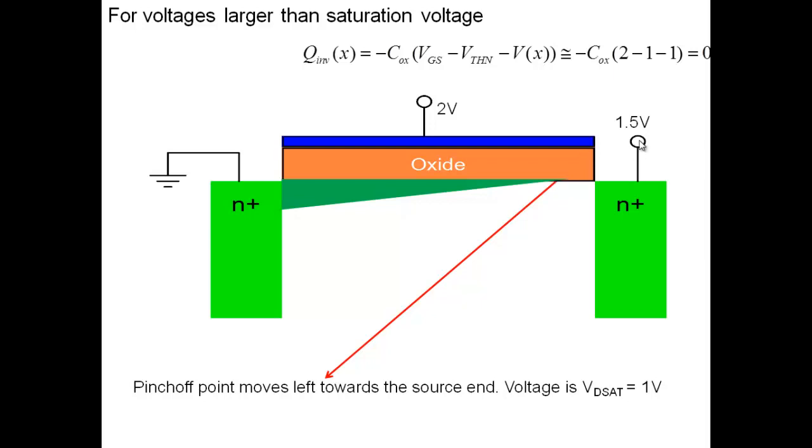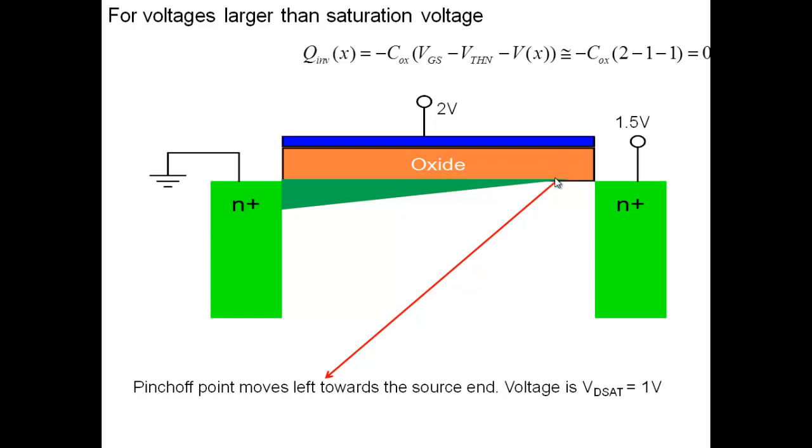So if this is 1.5, then the voltage here is 1.5, somewhere would be 1.4, 1.3, 1.2 and all that, and eventually it will reach 1. And at the place where the channel voltage reaches 1, I will get a pinch off according to this expression: Cox, VGS minus VTHN minus Vx. Vx is the voltage in the channel. If VGS is 2, threshold voltage is 1, 2 minus 1 is 1. So wherever Vx is 1, we'll get a pinch off. So the pinch off occurs at this particular point.